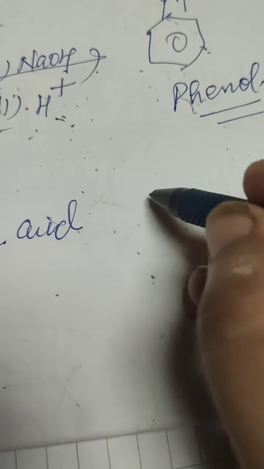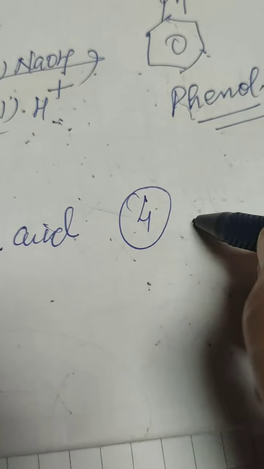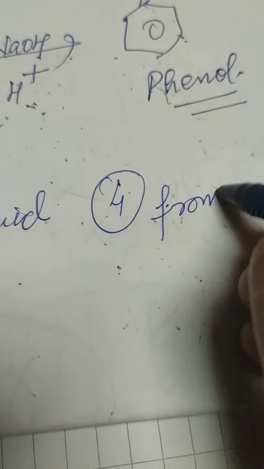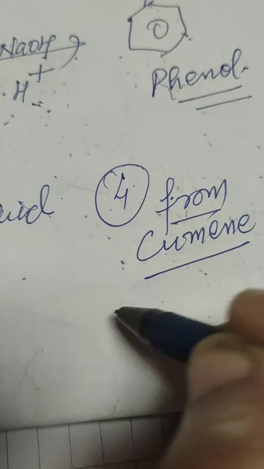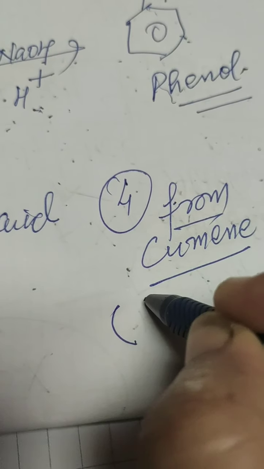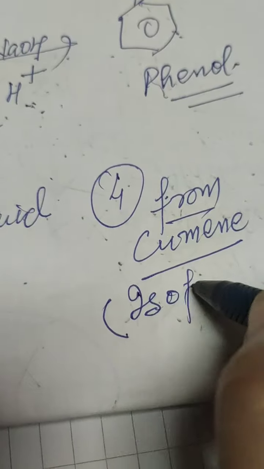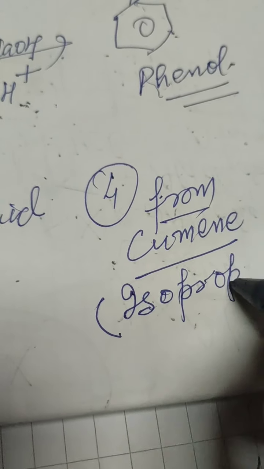Another important preparation for phenol is from cumene. This is a new compound for you, cumene. Cumene is also known as isopropyl benzene.